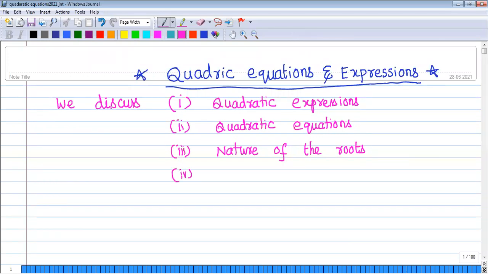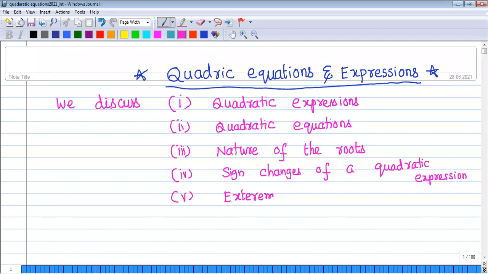fourth one is the sign changes of a quadratic expression. Sign changes of a quadratic expression will be discussed. The next, extreme values of a quadratic expression.